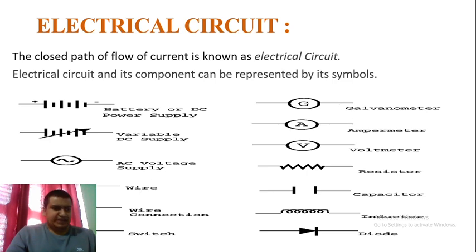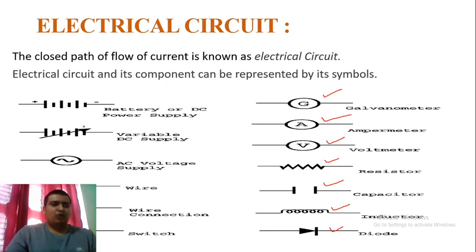This is G representing the galvanometer, ammeter representing the current, voltmeter for voltage, resistor, this is a capacitor, inductor, diode. Diode, capacitor and inductor are actually next chapter topics, but we will discuss them here. And see this, this is a battery because it has more than one positive and negative combination, that's why it is a battery.